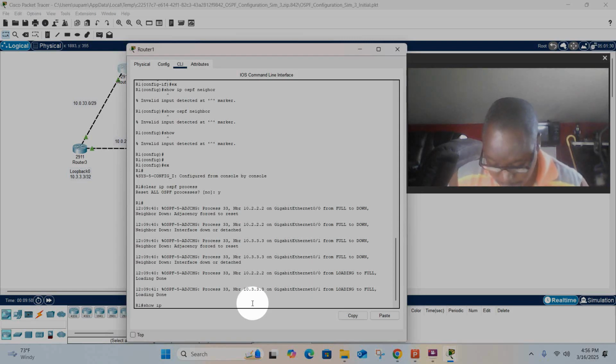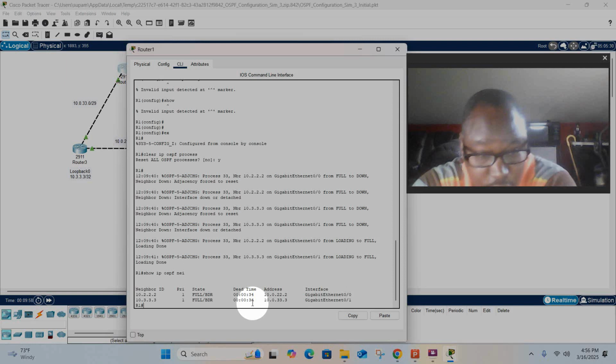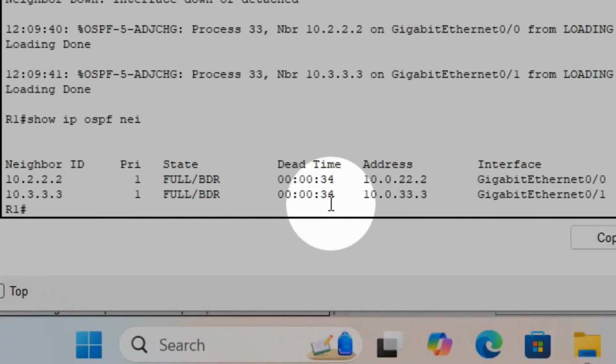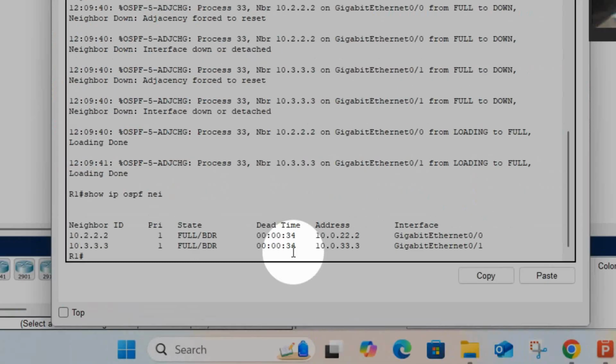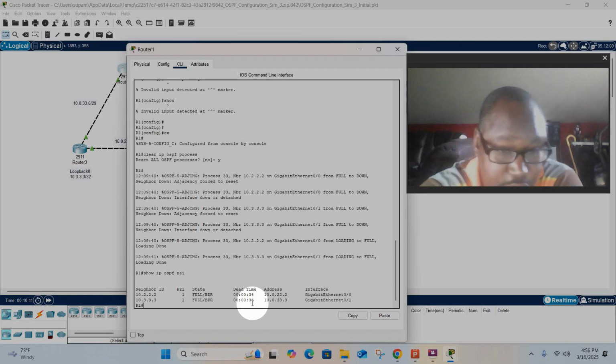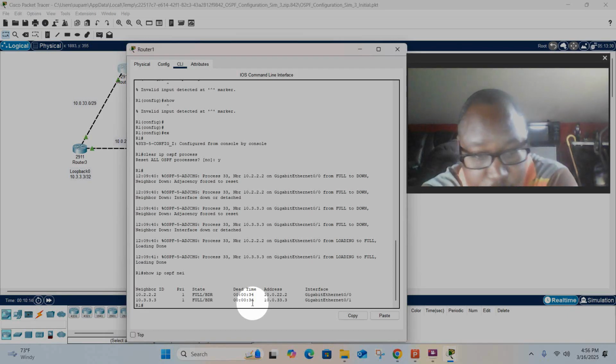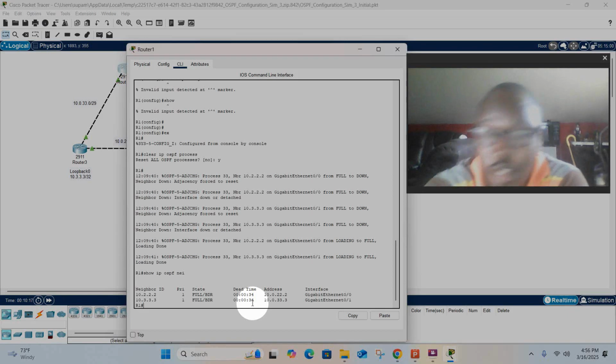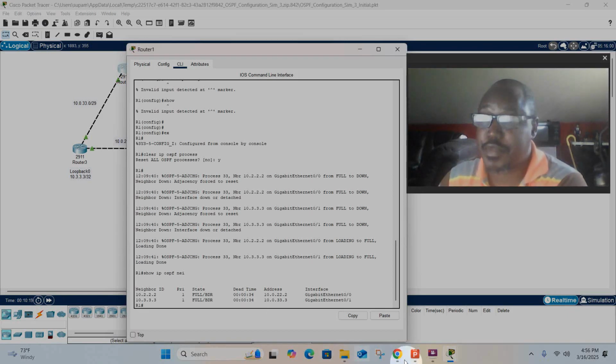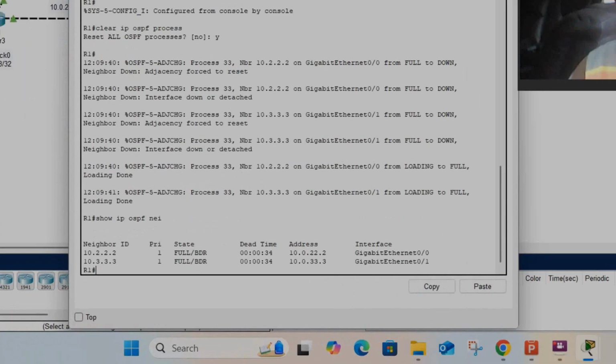Show IP OSPF neighbors. And you see it's showing both the other routers and how we're connected. This is the output that you should get as neighbors. So you get the 2.2 and the 3.3. So that's how you verify, and that's all there is to it. So we verify that OSPF is connected and that an adjacency has formed.